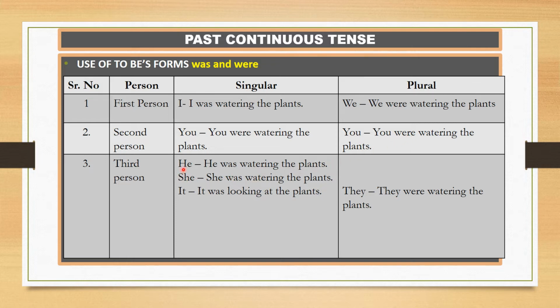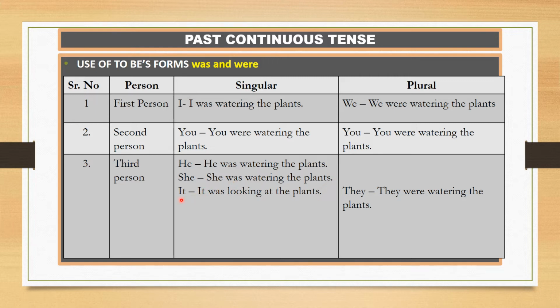If the subject is he, that is third person singular pronoun, we use was as the to be form. He was watering the plants. If the subject is she, that is third person singular pronoun, we use was. She was watering the plants.